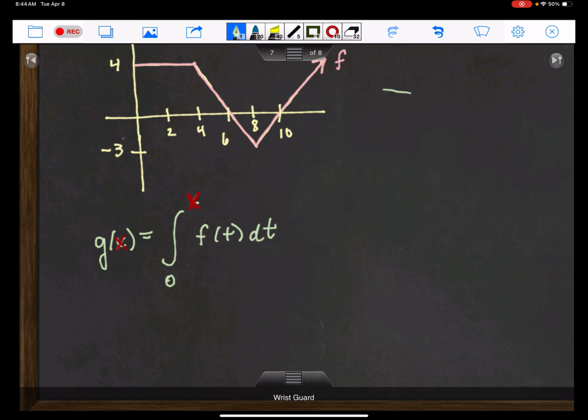If I did g of 2, that's saying find the value of this integral of f of t dt from 0 up to 2. So the endpoint here is determined by the argument inside of g. And that would be all the area up to x being equal to 2, which here we see is 8, based on my picture.